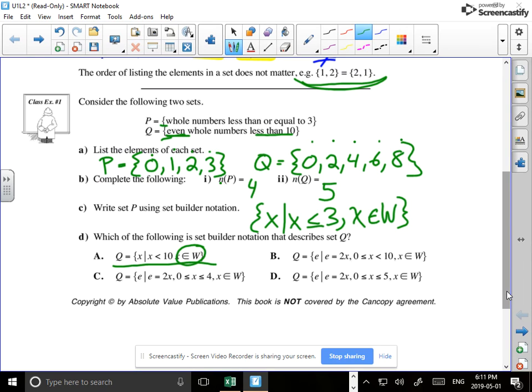If we look at B, we have E for even such that the even numbers. Sorry, I don't know why they're using E all of a sudden, but E is actually indicating the numbers.